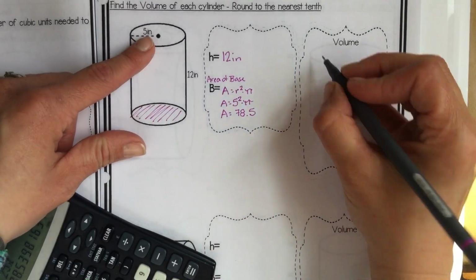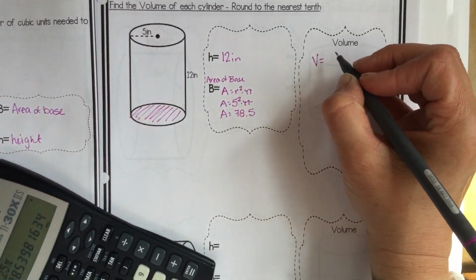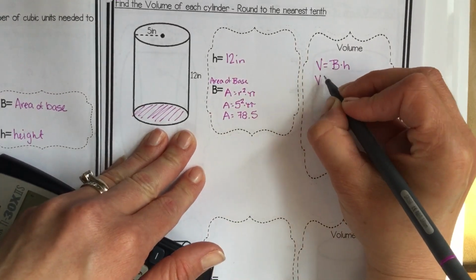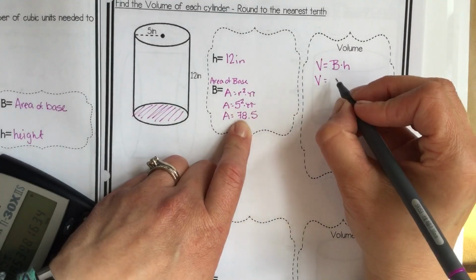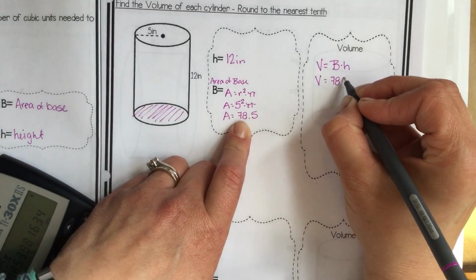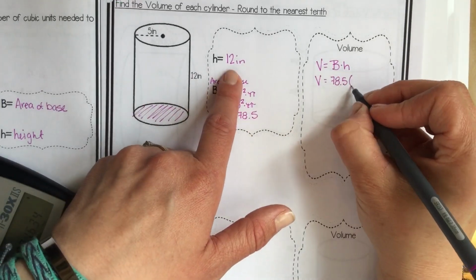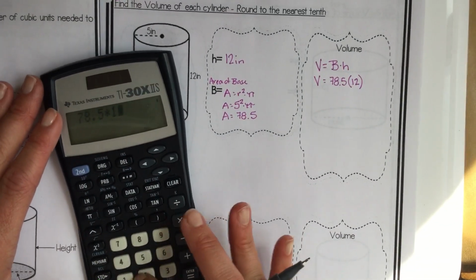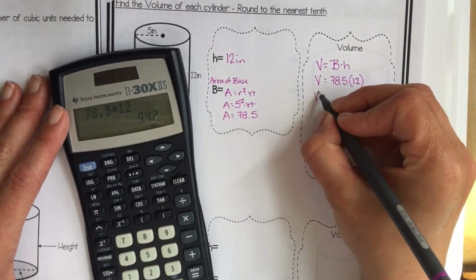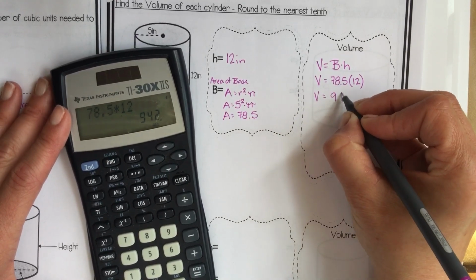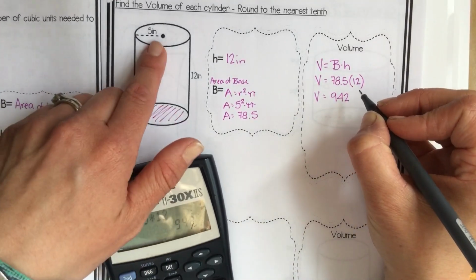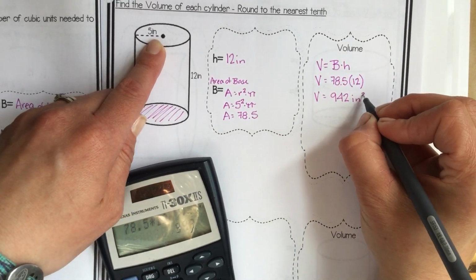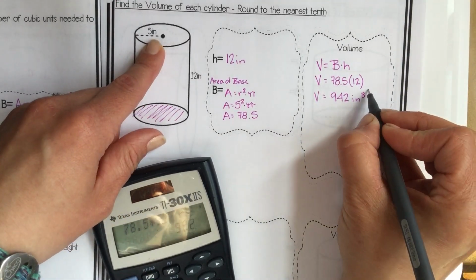Okay, so then our volume equation is big B times H. Well, the big B was our area of our base, which was 78.5, times our height, which is 12. So 78.5 times 12 equals 942. Our units are inches, and volume is cubed. So we're going to put a 3 there.